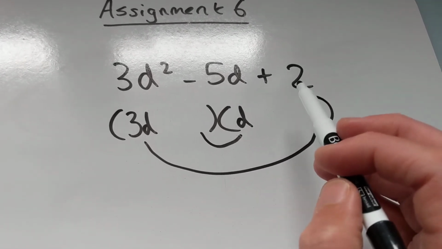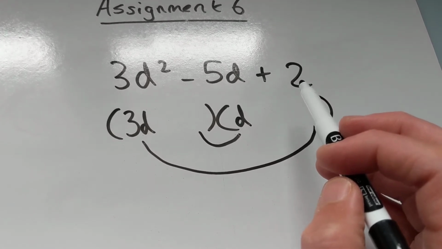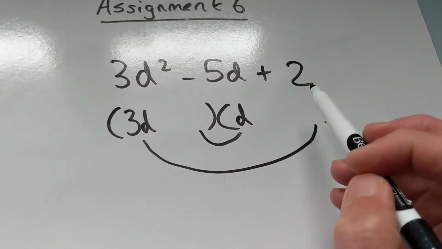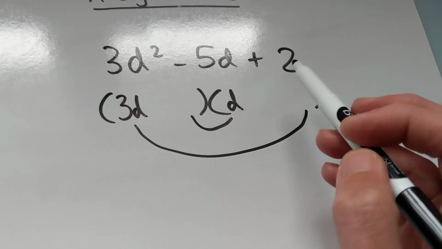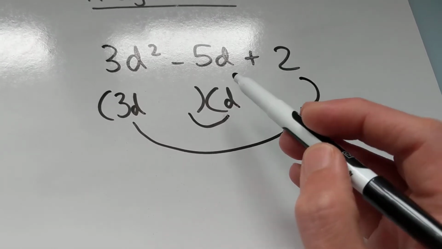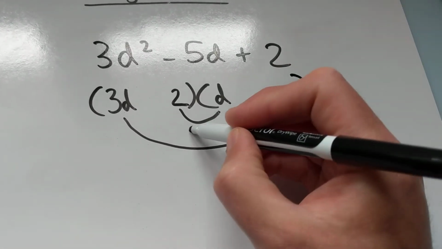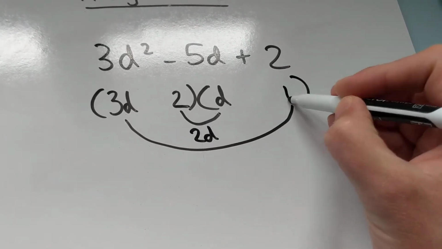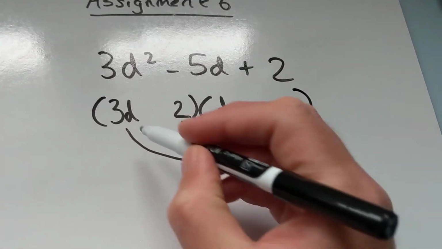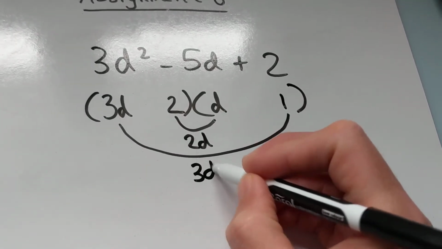So to make 2, we've got the options of 1 times 2 or 2 times 1. If I put my 2 here, that'll give me 2d. And my 1 here, 1 times the 3d would give me my 3d.